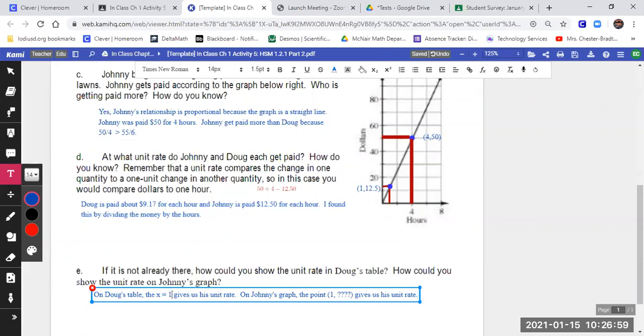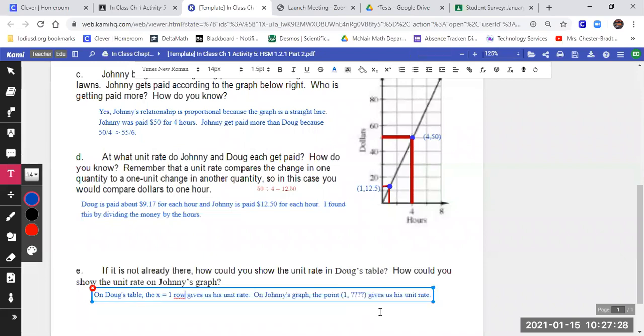Let's put that in, X equals 1 row gives us his unit rate. But on a graph, the point 1 comma something gives us his unit rate. All right. So when we're looking at a table, we look for the row that has the X equal to 1. When we're looking at a graph, we're looking for the point that has 1 comma and a number.